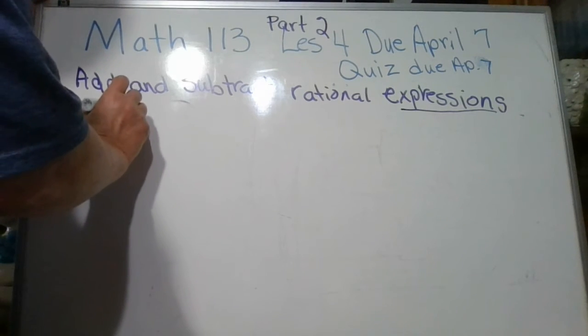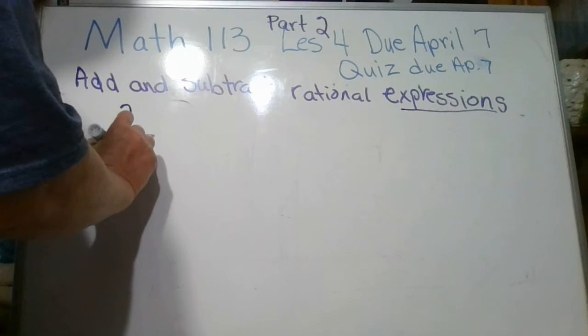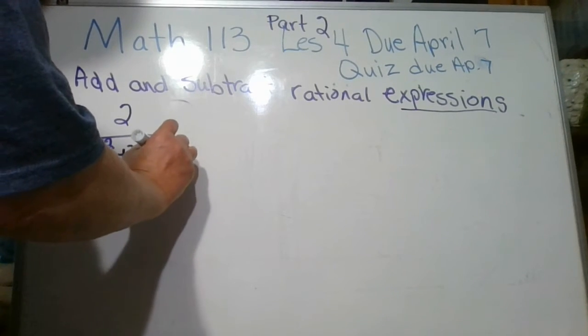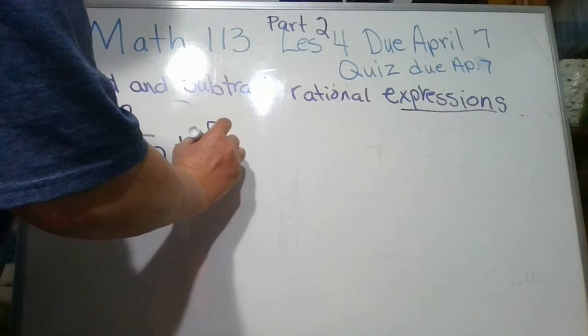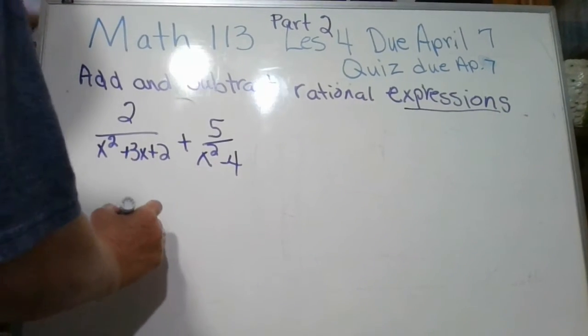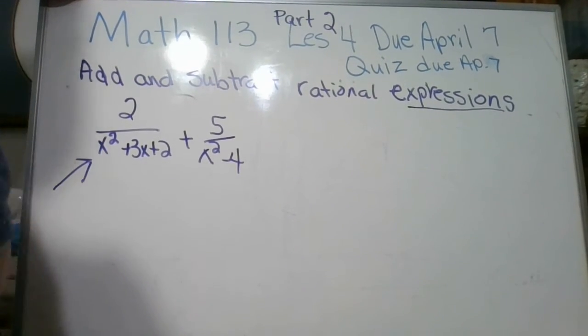Okay, so it's 2 over x squared plus 3x plus 2 plus 5 over x squared minus 4. So the first thing I'm going to do is factor these on the bottom.